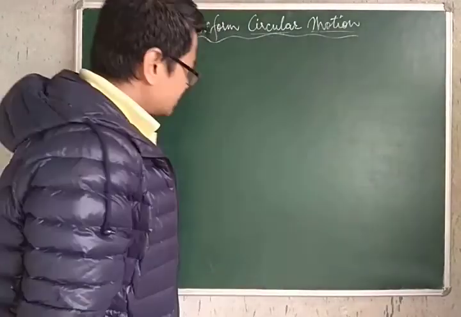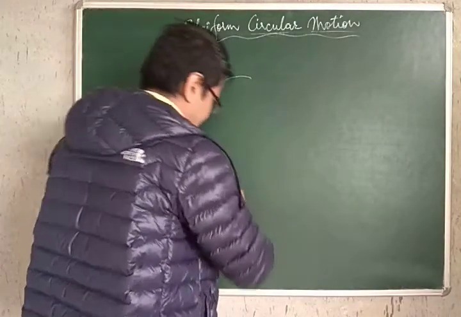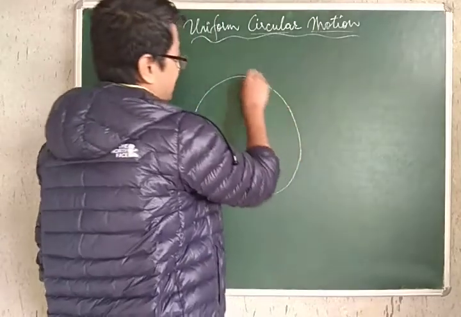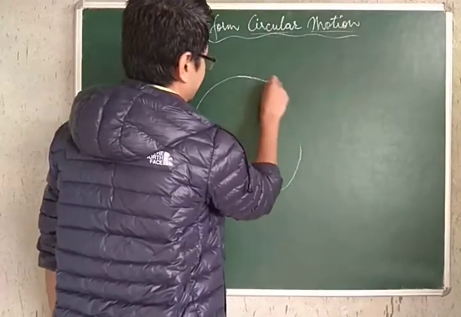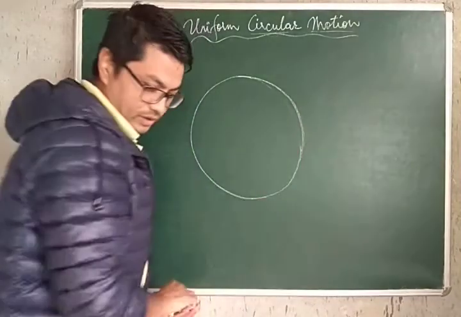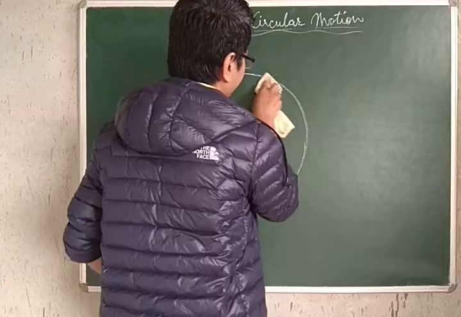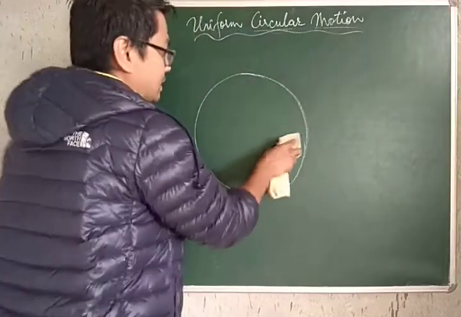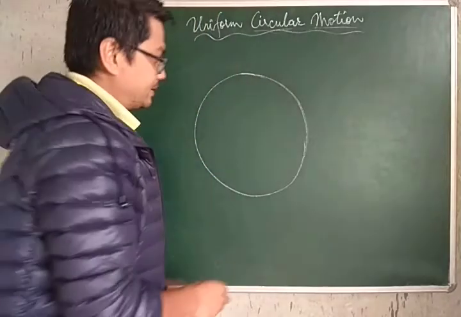Okay. So, first of all, let us try drawing a circular path. Okay, so let's suppose that this is our circular path around which a body moves with a uniform speed.